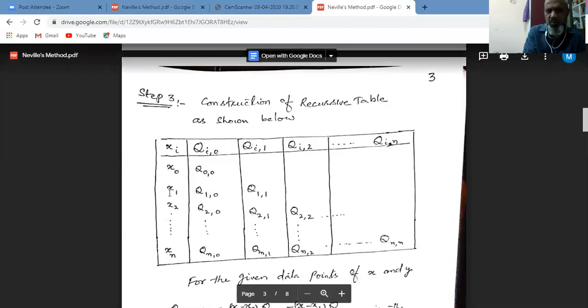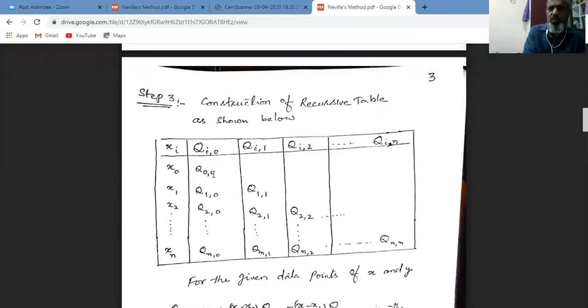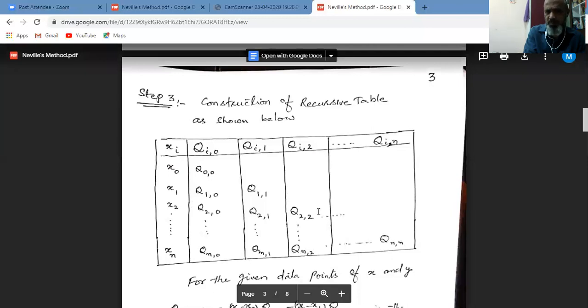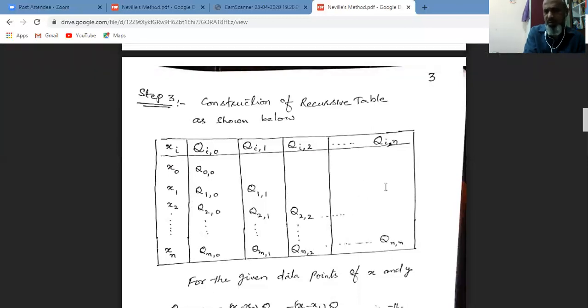So these are the values of x in the first column. In the second column, the values of the function at x equal to x naught, x1, x2, and so on up to xn. These data points will be given. We have to determine the first approximations, second approximations, third approximations, and so on.